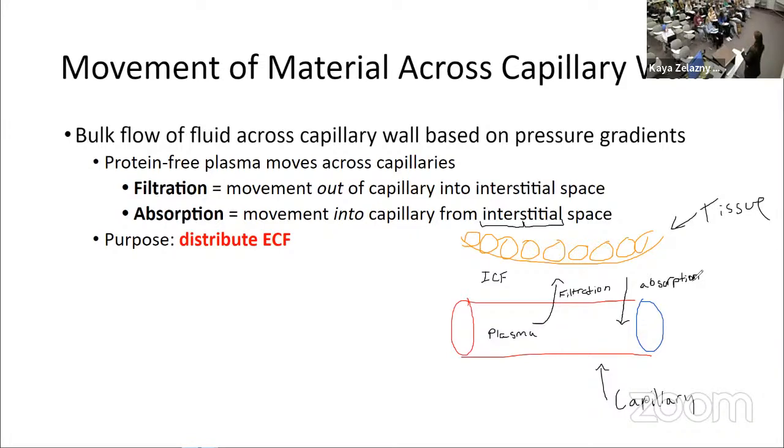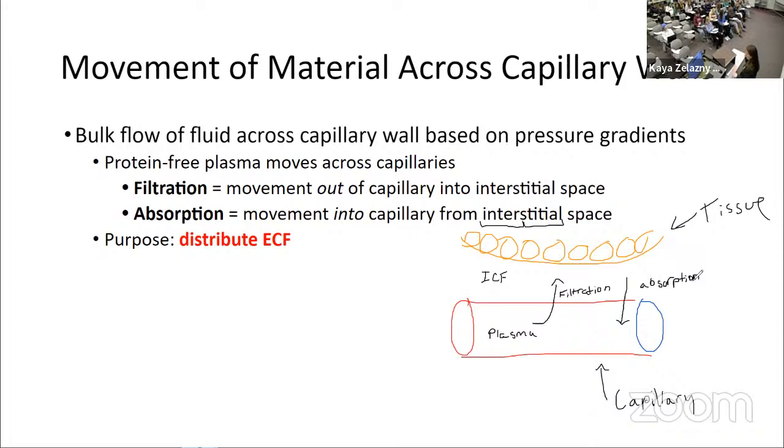Or are we going to have more absorption, so more pressure moving fluid back into the bloodstream, back towards the capillary? So we're going to be thinking about factors that influence these two directions because they're kind of in competition, right? The fluid can only move overall in one direction, but we're going to have forces pushing and pulling on it.